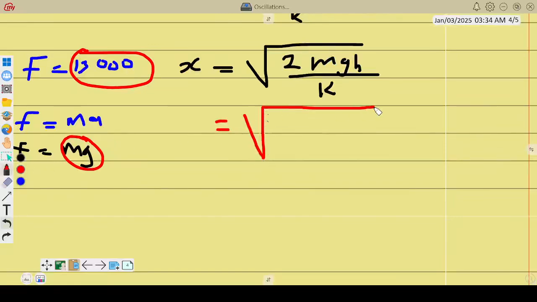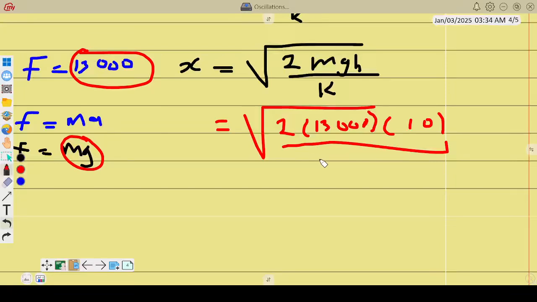So square root of 2, the force 13,000, and then height 10 meters over the spring constant 1 times 10 power 6.